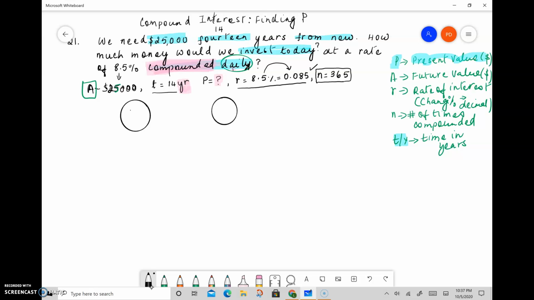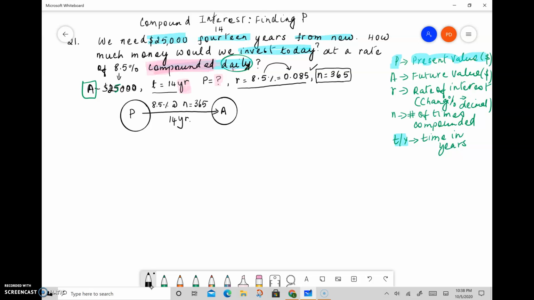So we put a certain amount of money into the account, leave it in the account for 14 years, and collect an amount A at the end of 14 years. The amount that we collect at the end will depend on the rate of interest, which in this case is 8.5%, and N, the number of times it is compounded, which is 365 times in the year.